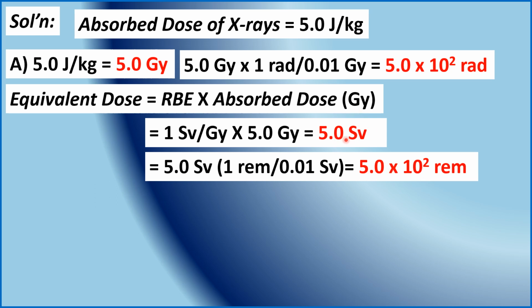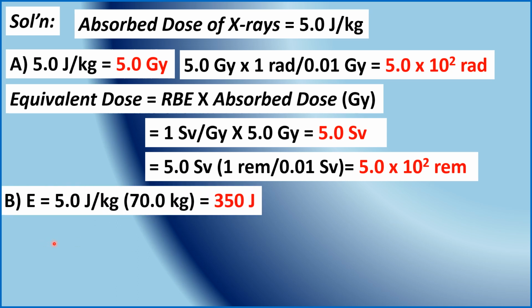Now, to convert this equivalent dose to rem, we use the conversion factor where 1 rem is equivalent to 0.01 sievert. So 5.0 sievert times 1 rem divided by 0.01 sievert. The unit sievert cancels out, and we have the equivalent dose equal to 5.0 times 10 to the second power rem, or 500 rems.